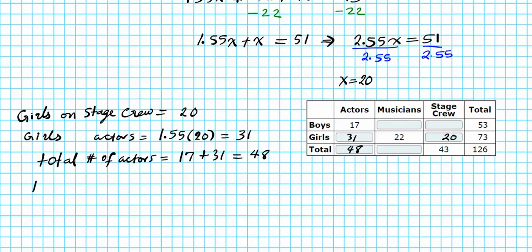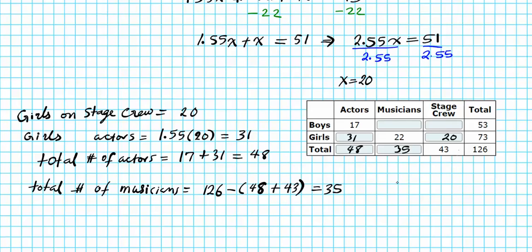So total number of musicians is simply going to be the grand total, which is 126, minus the sum of the other two, actors and stage crew. Okay, so actors is 48 plus stage crew total, which is 43. Do this in your calculator, you get 35. So let's see, this is 35.